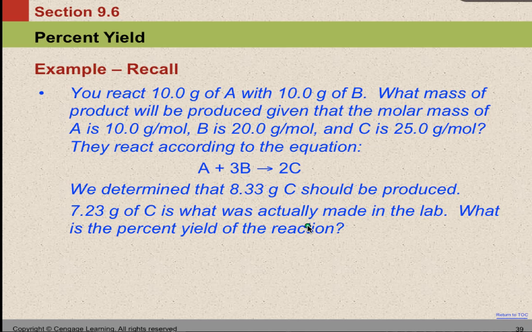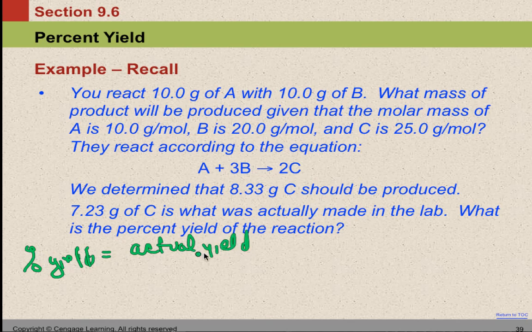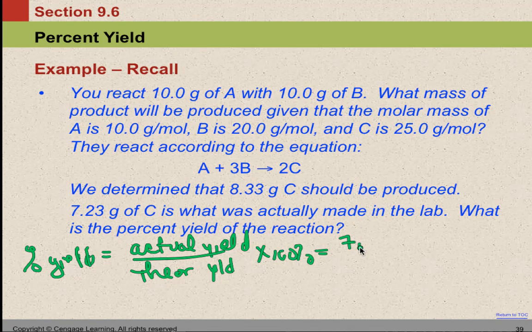Well, using our earlier equation, percent yield is equal to the actual yield over the theoretical yield times 100%. We would take that 7.23 grams of carbon, divide by 8.33 grams of carbon, and multiply by 100%.